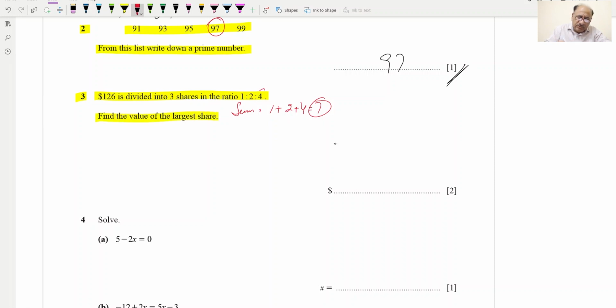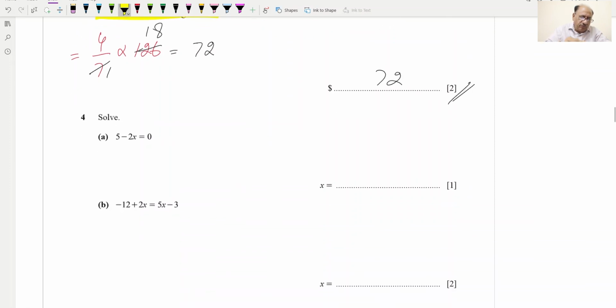The largest share is this 4. 4 out of 7 multiplied by $126, and this we can simplify. 7 ones are 7, and 7 18s are 126, and 18 into 4 will be 72, and our answer will be $72 for 2 marks.